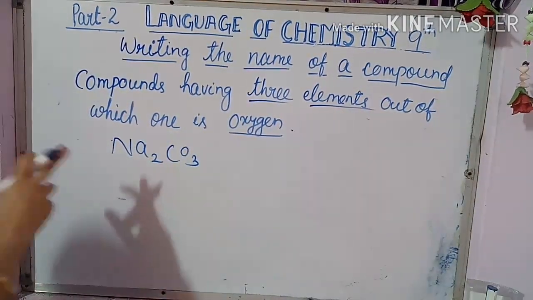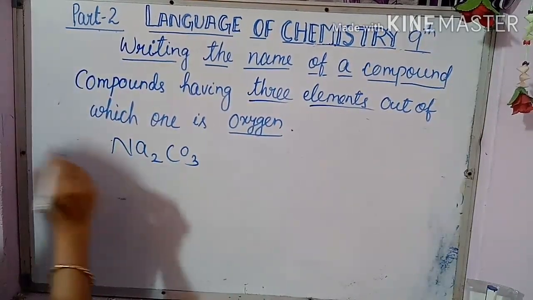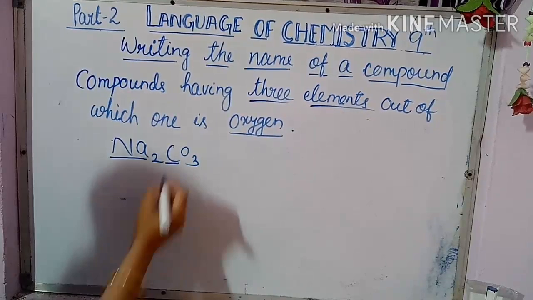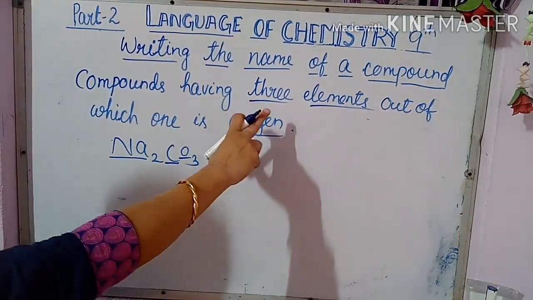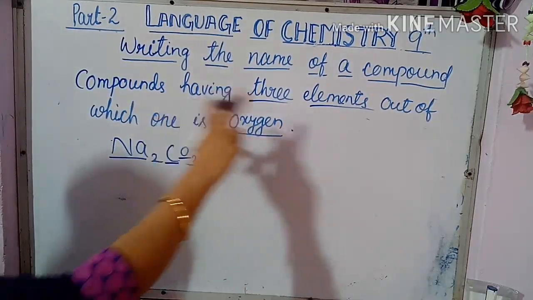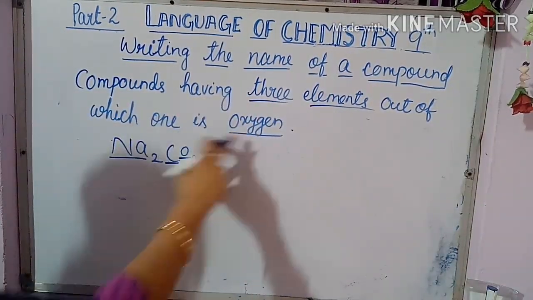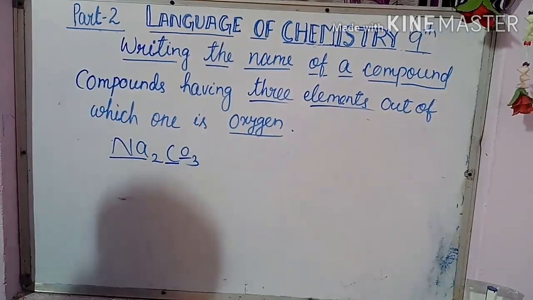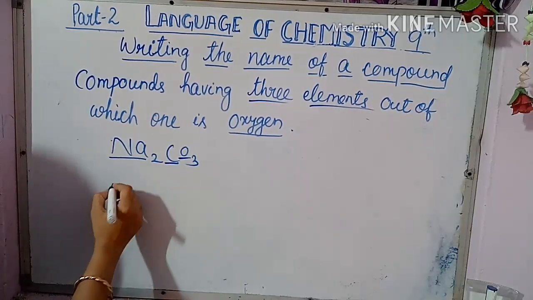You can see that 3 elements are present: one is Na, the second is carbon, the third is oxygen. Out of the 3, one is oxygen, and 3 oxygen atoms are present.